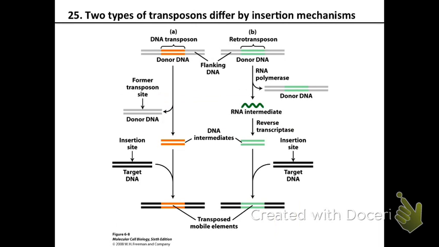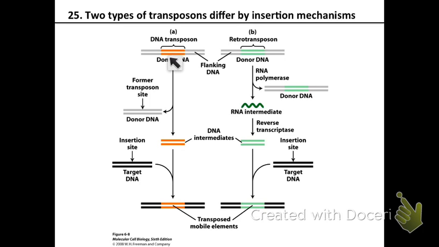All right, so there are 2 types of transposons. One is called a DNA transposon, and the other one is a retrotransposon. Okay, so the DNA transposons. Here's a figure from your book. The mechanism by which it jumps is a cut and paste mechanism. Here's your DNA transposon. It is within the donor DNA. Donor DNA is the locus where this DNA transposon is located originally.